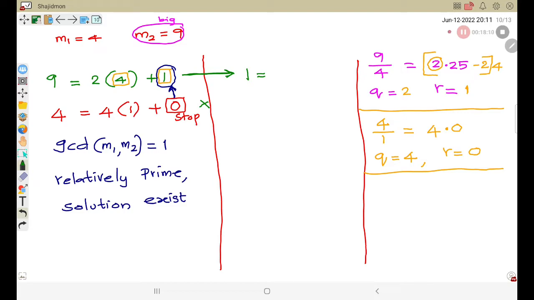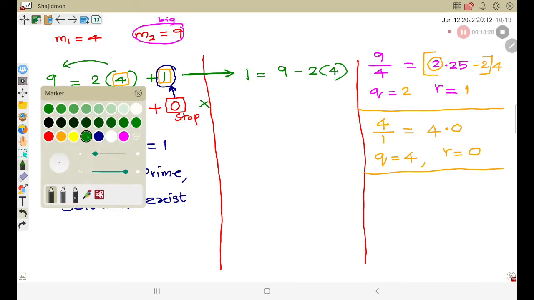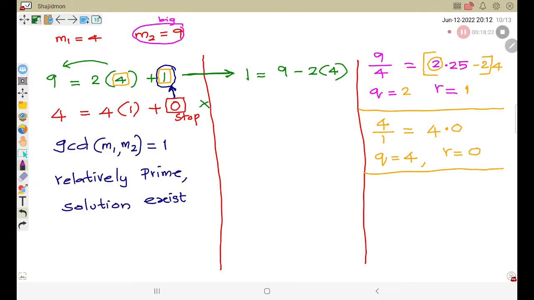So 1 equals 9 minus 2 multiplied by 4. There is no further simplification because there is only one step. So we can write 1 equals 1 multiply 9, minus 2 multiply 4.